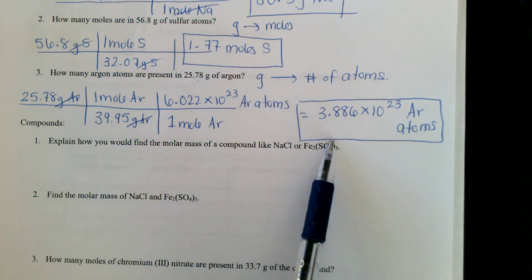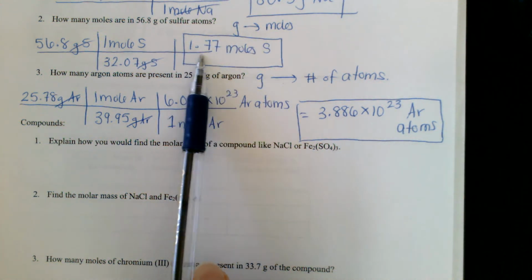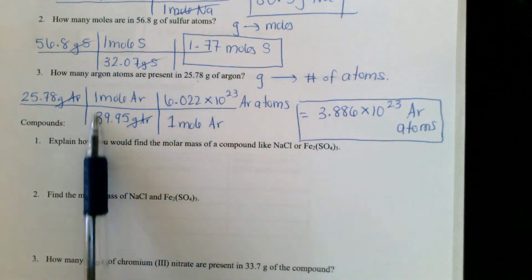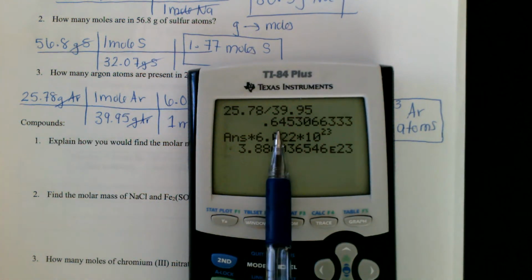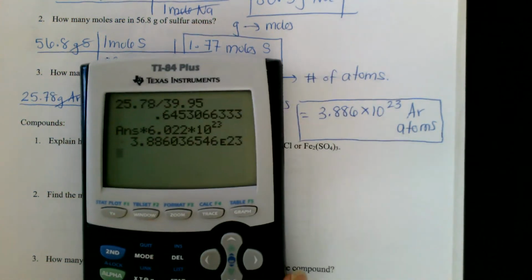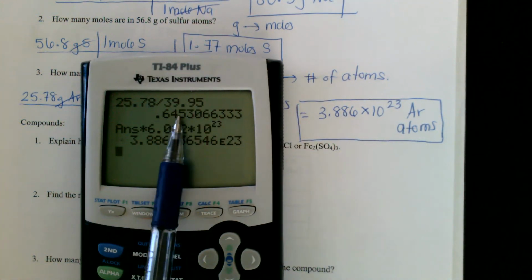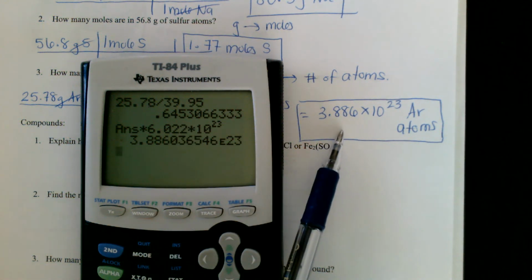It's a shortcut. It's much easier to deal with units of moles where you have like 1, or in our example here in my calculator, where we had 0.6453 moles of argon. Dealing with a number like this is much easier than having to deal with a number like this.